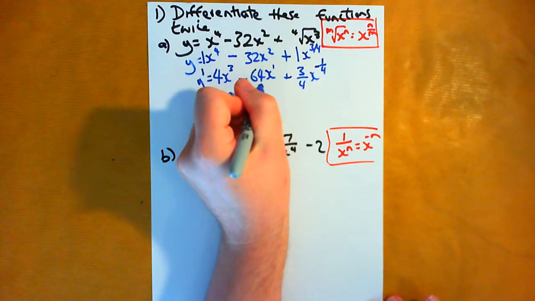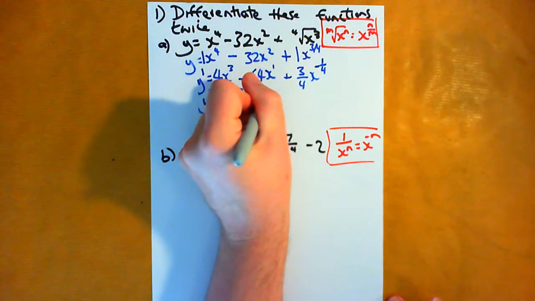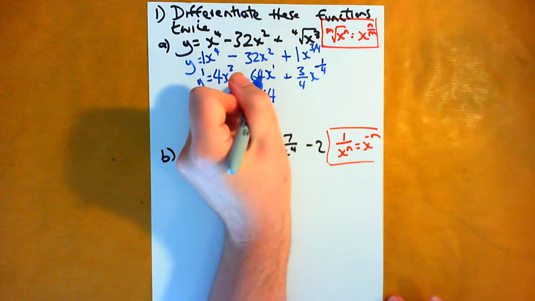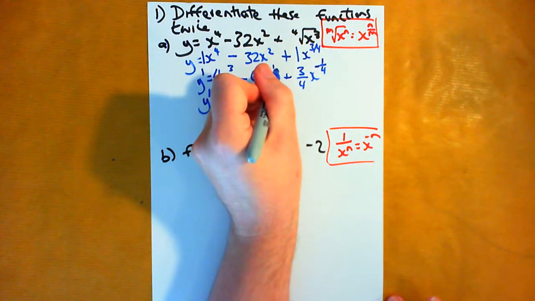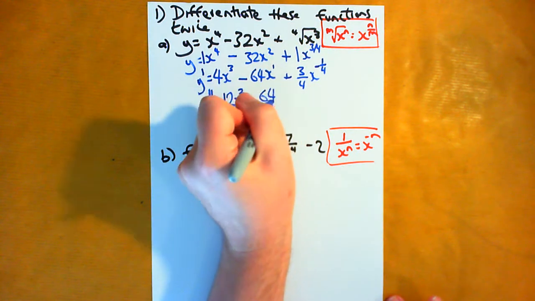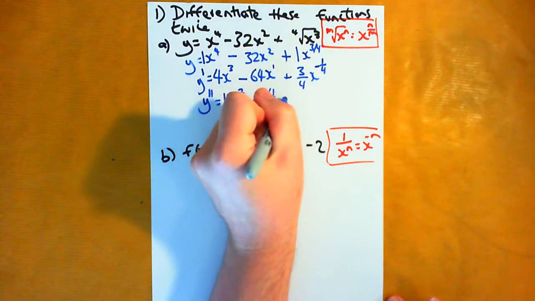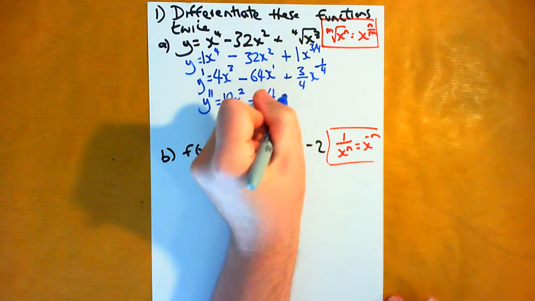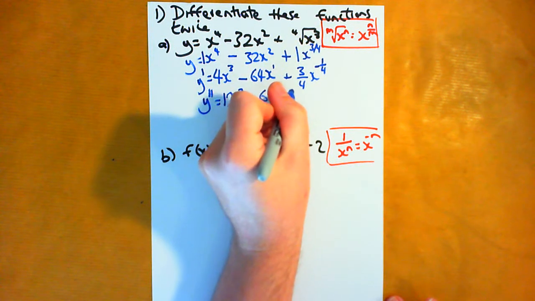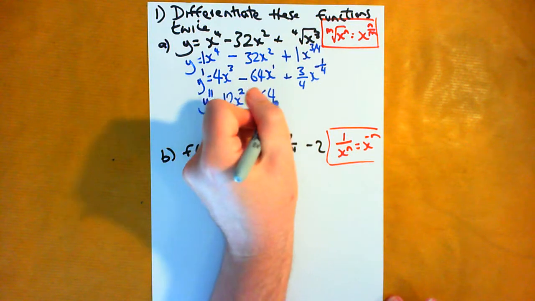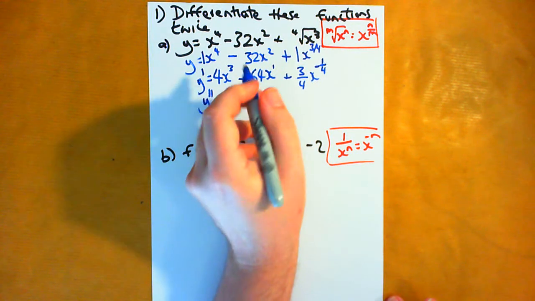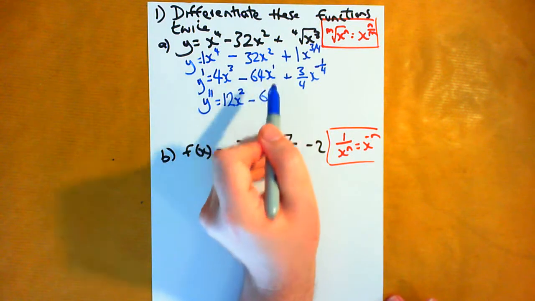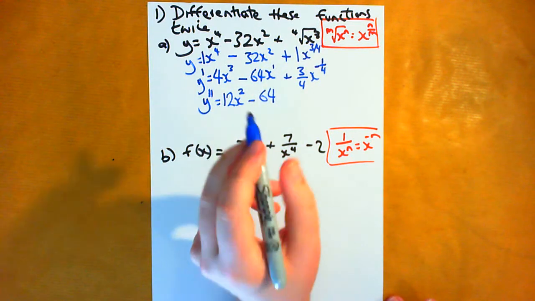If it's just a number times x, it will become just that number, and that's because at the moment we have 64 x to the power of 1. 64 times 1 is 64, x to the power of 1 minus 1, so we get x to the 0. But x to the 0 equals 1, so that's just going to be 64 times 1, which is just 64. So number times x just differentiates to number.